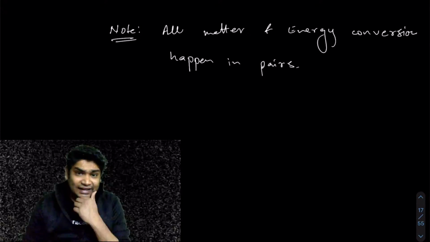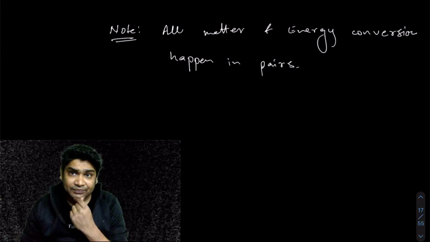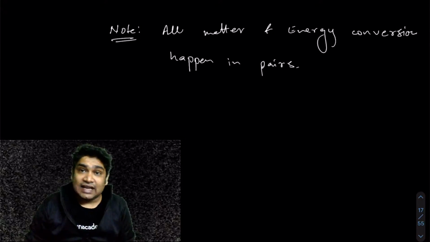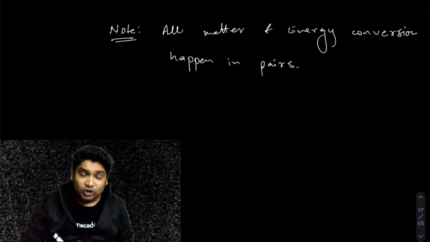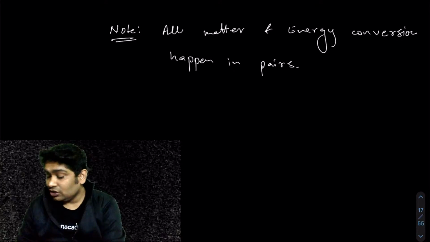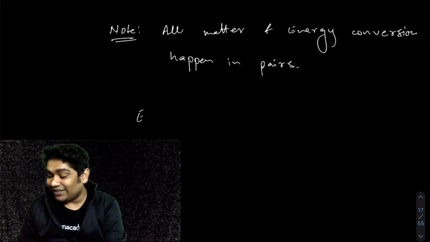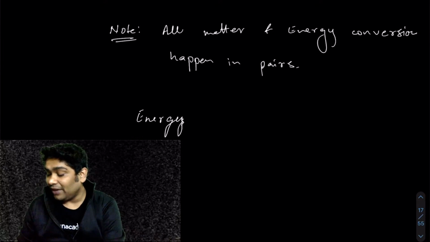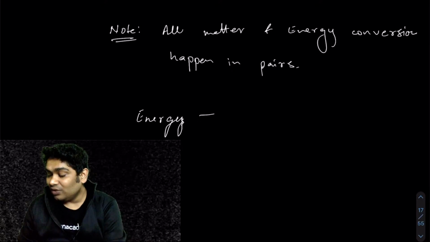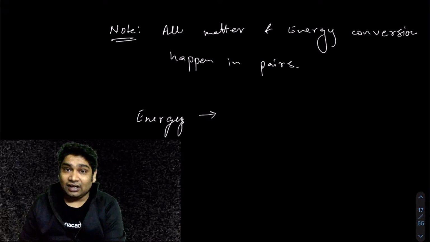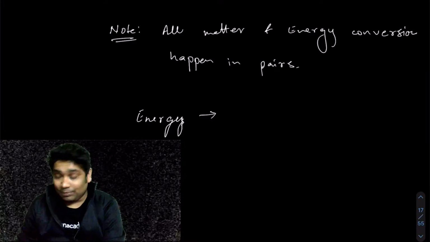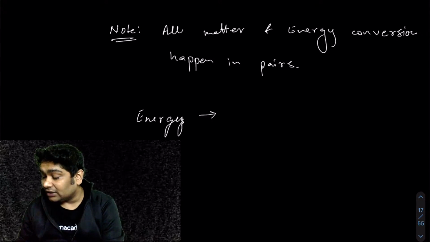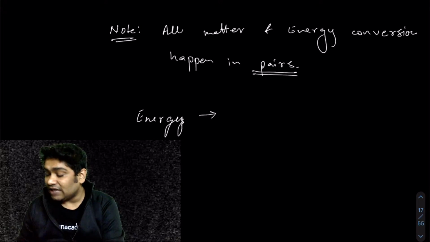So how do you think the electron was created in the first place? We believe that when the Big Bang happened, there was a lot of energy that was released, and energy at times would convert into matter. Okay, so there was energy that got created in the Big Bang, and that energy created matter. So when energy, let's say, wanted to create an electron, it turns out it produces two particles because all conversions happen in pairs.